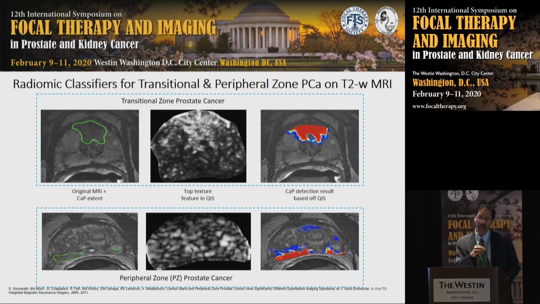In other words, you couldn't have an AI or machine learning model that worked across the entirety of the prostate. Depending on the particular zone you were in, you might need to invoke different machine classifiers because the radiomic features in the peripheral zone versus the transitional zone tumors were different.